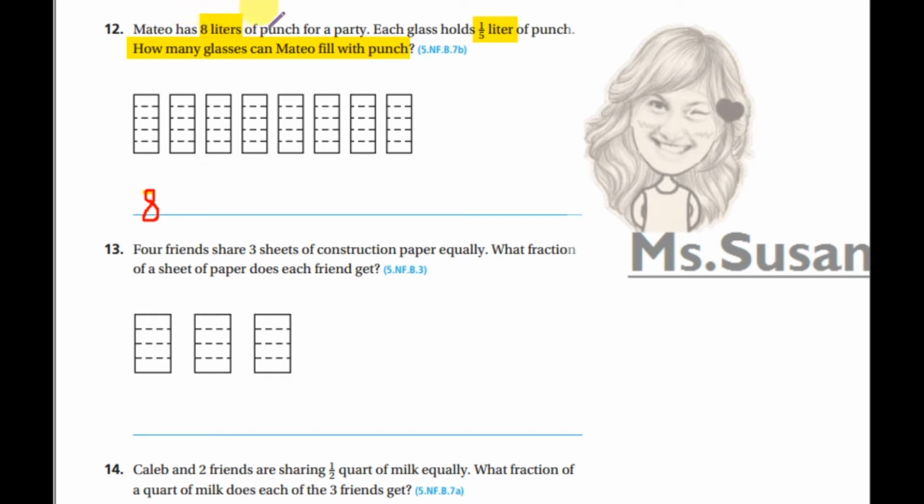The 8 liters of punch for the party. So it has 8 liters in all. They divided. Each glass has 1/2 liter. So how many glasses in all?